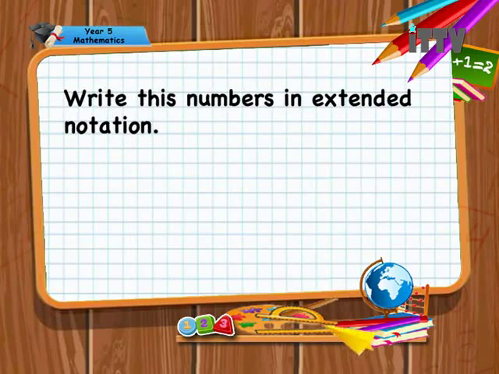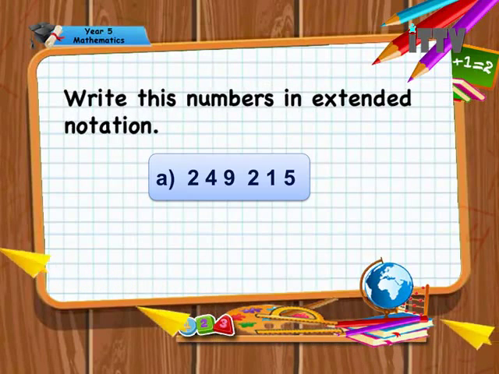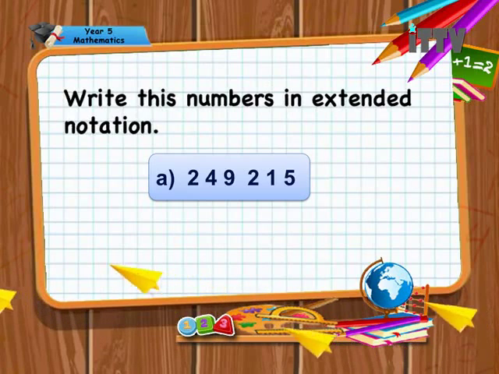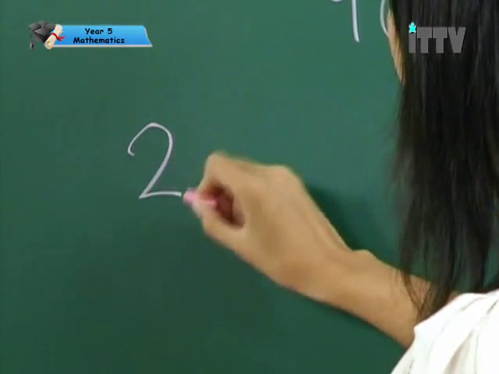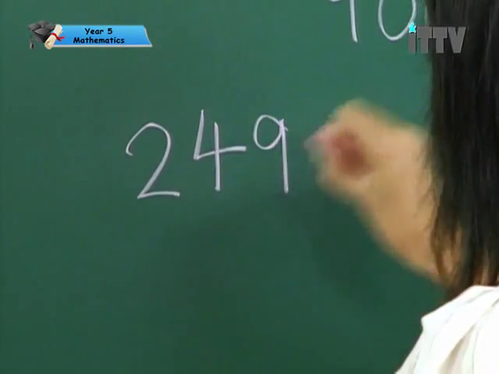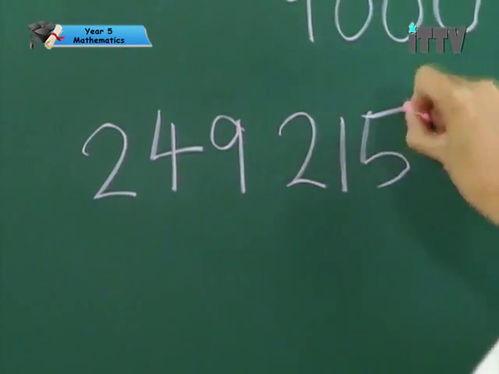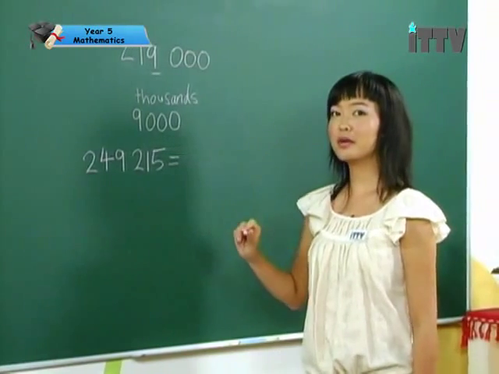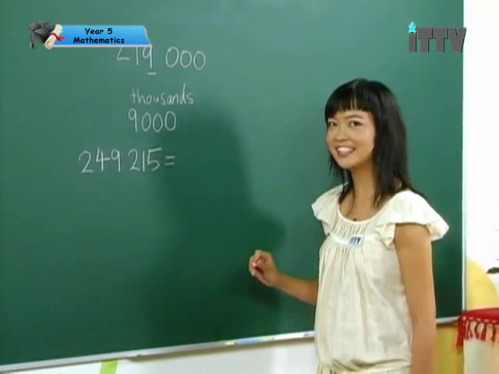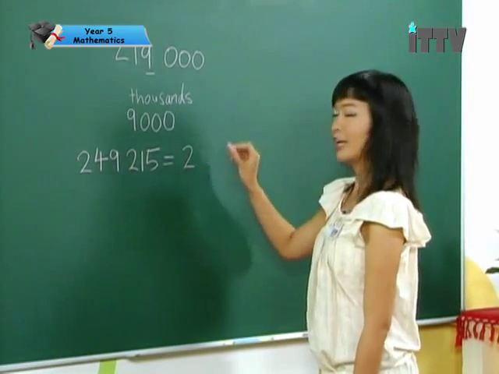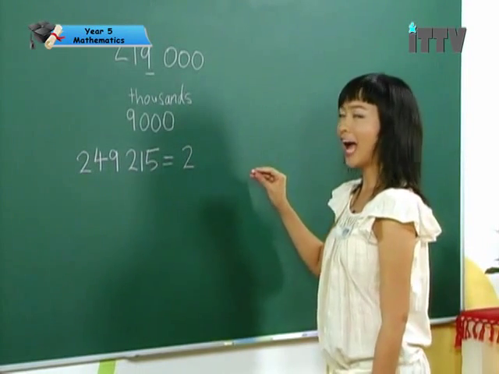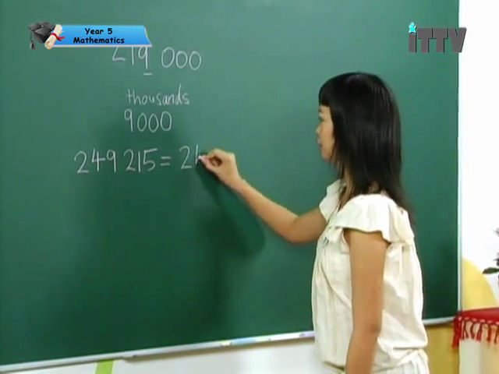Write this number in extended notation: 249,215. Let's try it now. The number given to us is 249,215. Now, do you still remember how we write it in extended notation? Start with 2. What is the place value? 200,000.